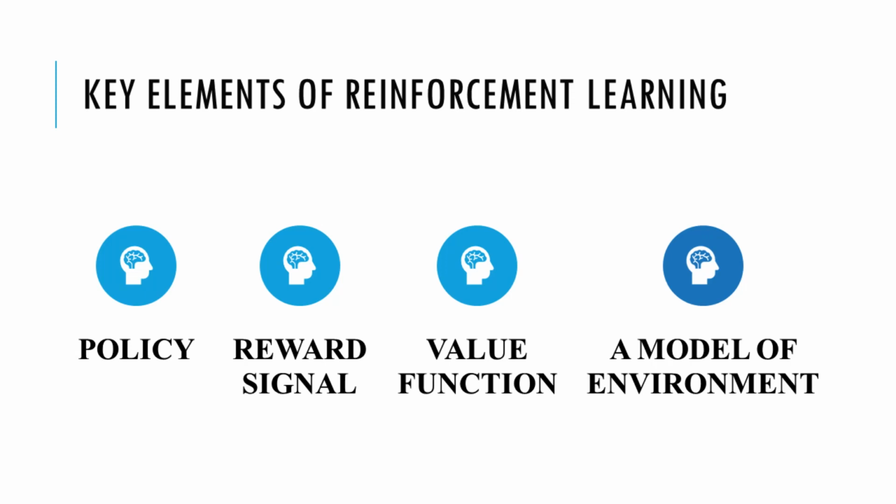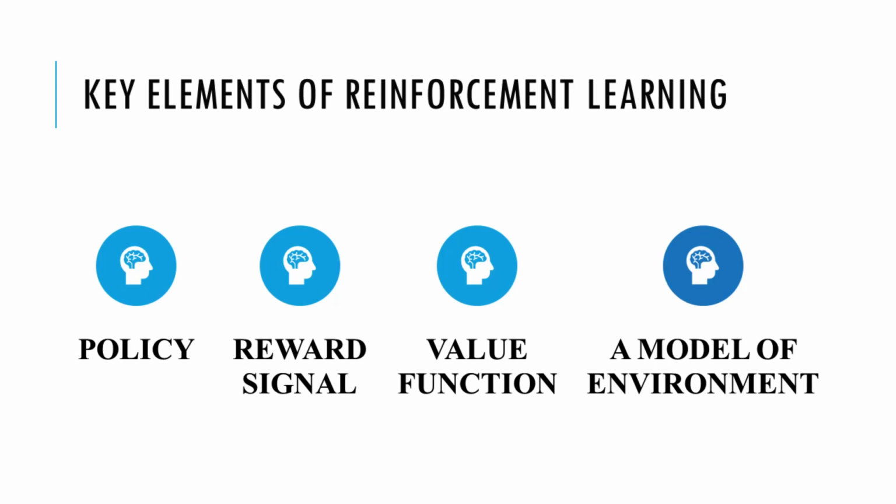We can say rewards are in a sense primary, whereas values, as predictions of rewards, are secondary. Without rewards there could be no values, and the only purpose of estimating values is to achieve more reward. Nevertheless, it is values with which we are most concerned when making and evaluating decisions.